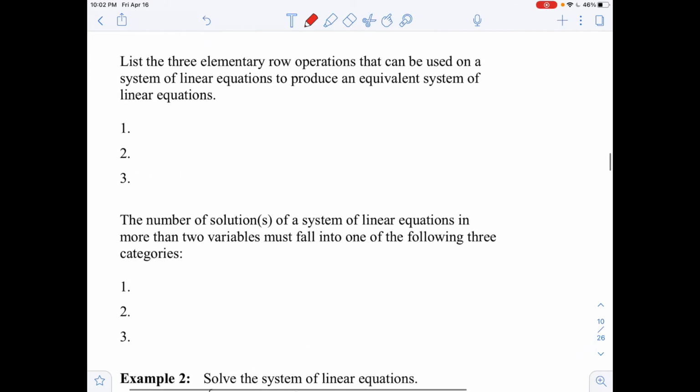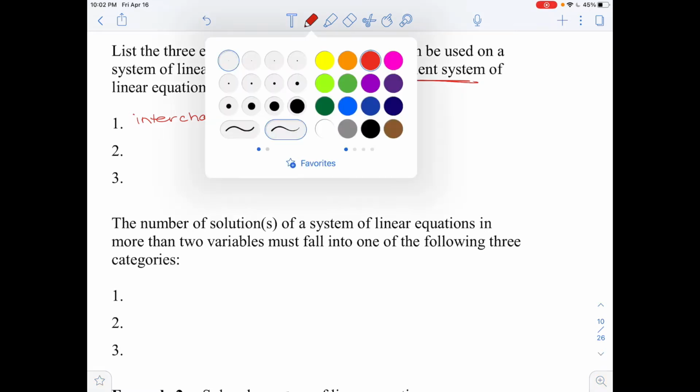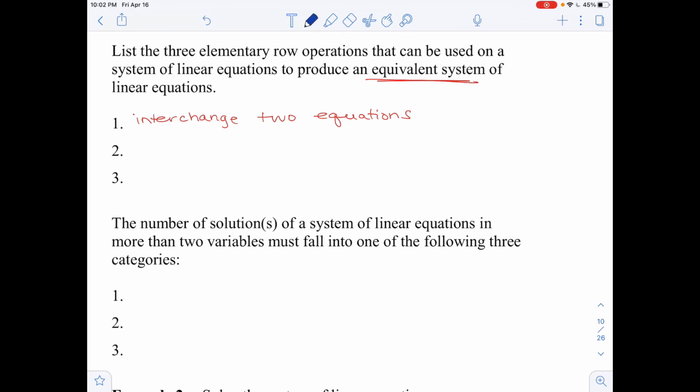Here they are. These are the 3 elementary row operations that can be used in a system of linear equations to produce an equivalent system. The first one is that you can interchange 2 equations. This is helpful because we want to get it in that stair-step pattern. Sometimes if one row has fewer variables than the other, we want to switch the order, and we can interchange them.